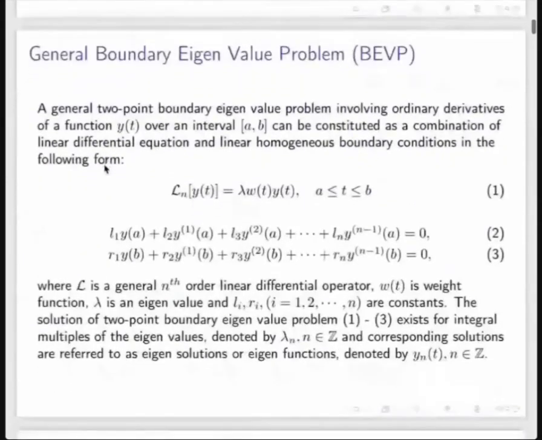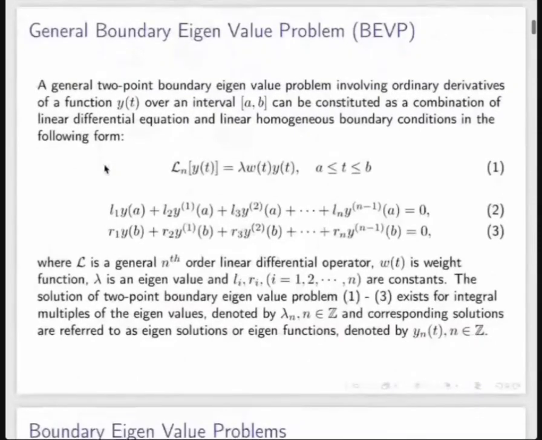So I'll start with a general 2-point boundary value problem, a 2-point boundary eigenvalue problem. And you must be knowing such a boundary eigenvalue problem consists of the differential equation together with boundary conditions, and it becomes an eigenvalue problem due to the presence of the parameter lambda.